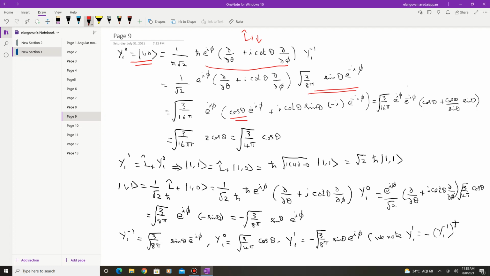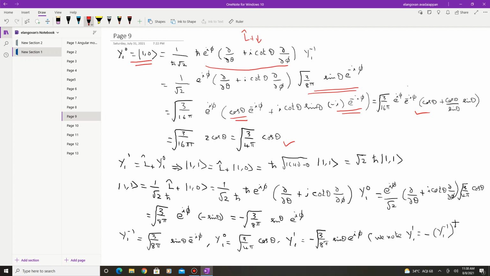Similarly, the second term, d by d phi acting on e power minus i phi, you will get this expression. So by simplifying, you will get this expression. So cos theta by sin theta, and if we simplify, because square root of 3 by 16 pi into cos theta, finally it reduces to square root of 3 by 4 pi cos theta. So this is the Y10.